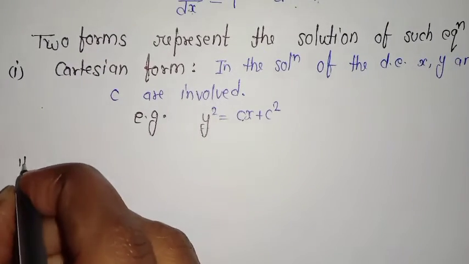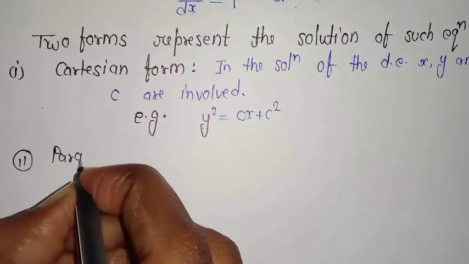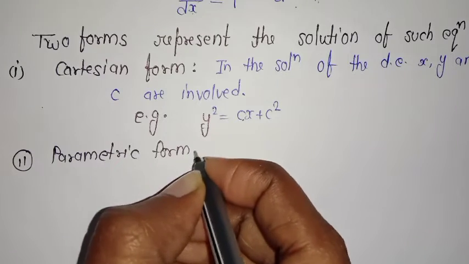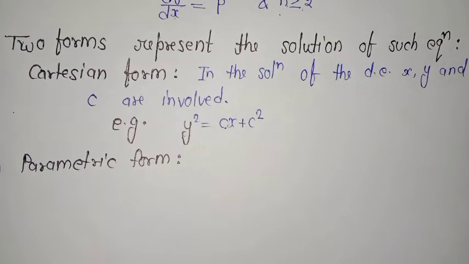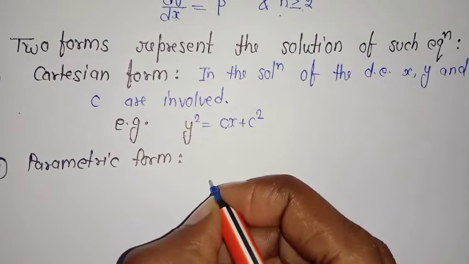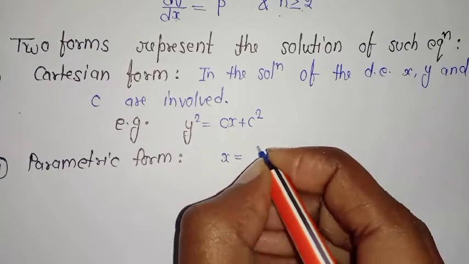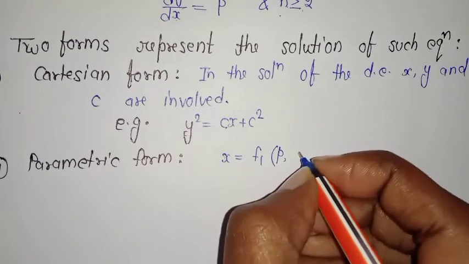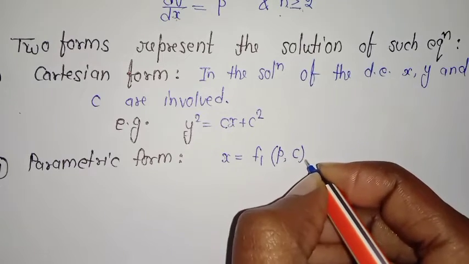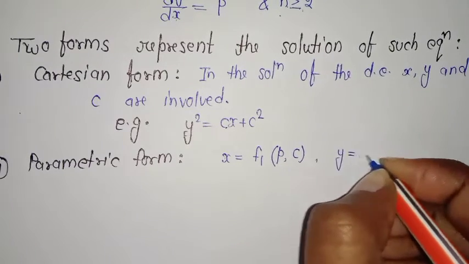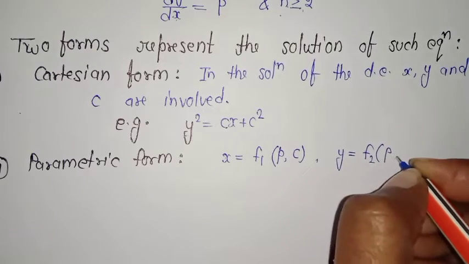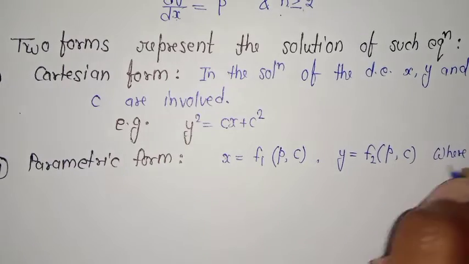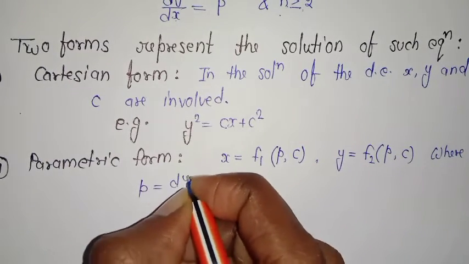Now I am going to take the second form of such a differential equation, which is known as the parametric form. In the parametric form, we take x as some function f1 of p and c, where p is the derivative dy/dx and c is some constant, and y is taken as some function f2 of p and c, where p is equal to dy/dx.